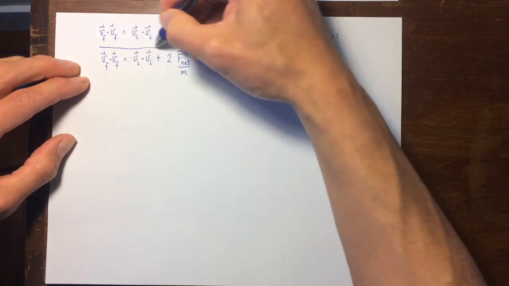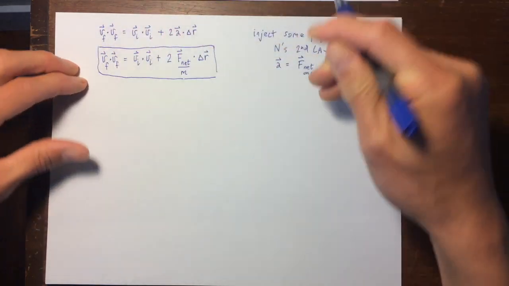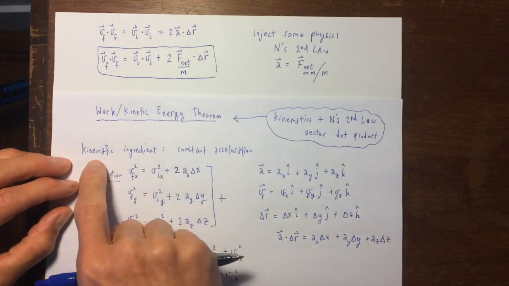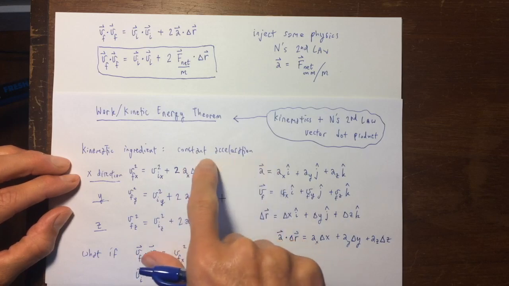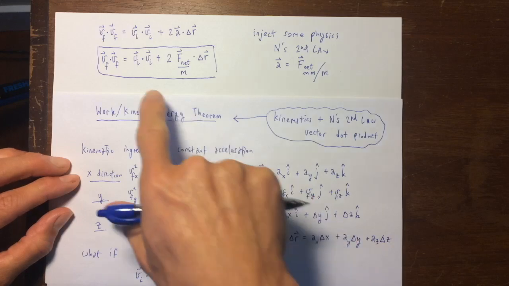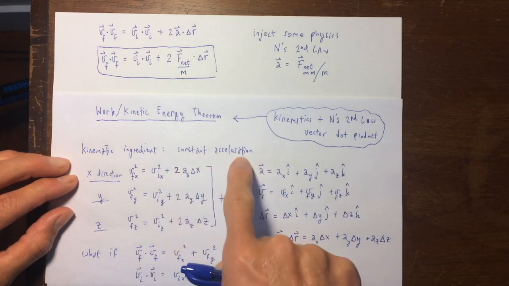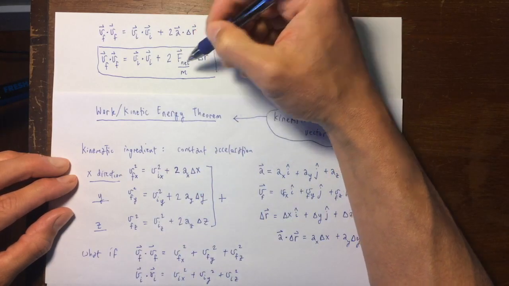And now we have this statement that, if you remember where it came from, came from a kinematic ingredient about constant acceleration. So we have to keep in mind that this, strictly speaking, is true for constant acceleration. Constant acceleration is what you get when the net force is constant.